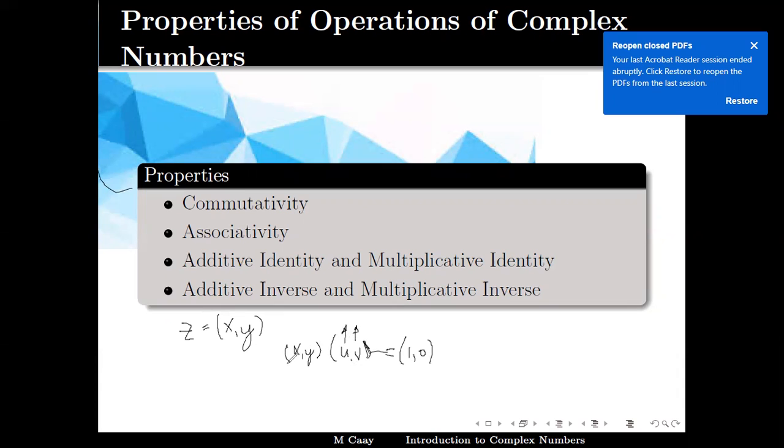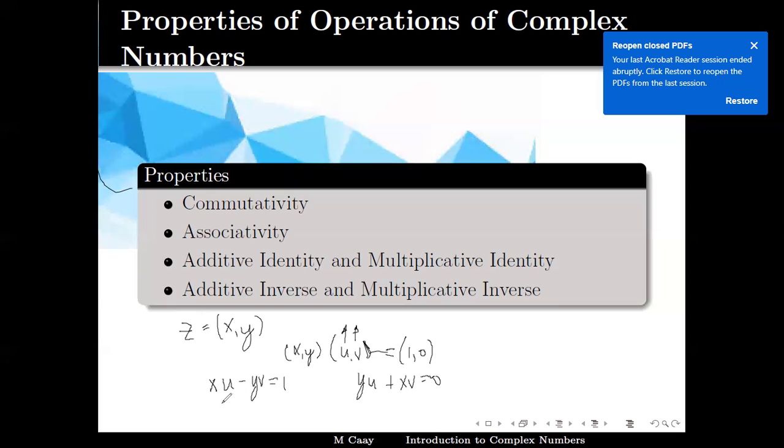Observe that if we multiply these ordered pairs, we have xu minus yv equals 1, and we also have yu plus xv equals 0.